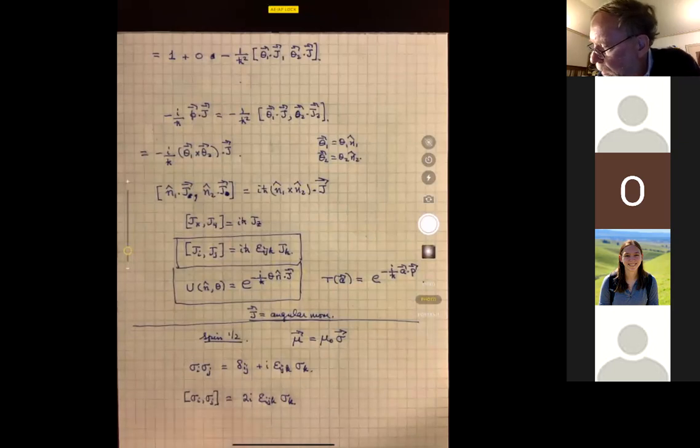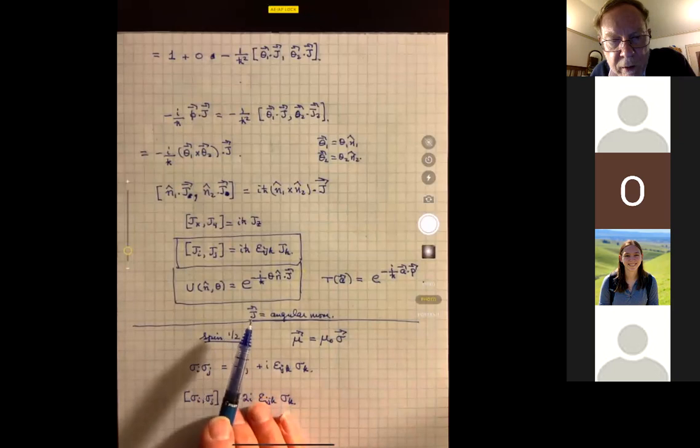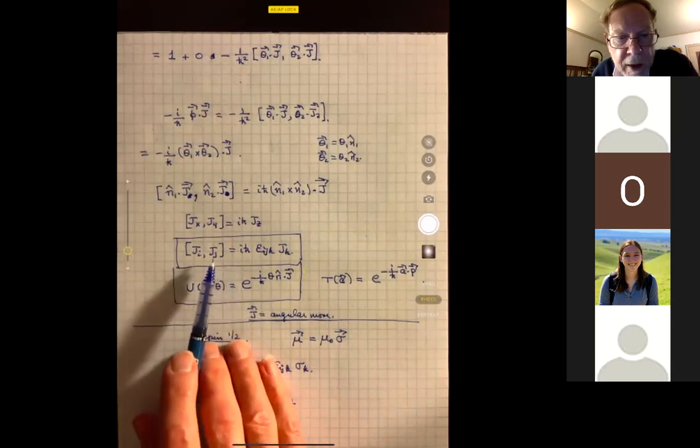So if we are going to look for rotation operators on our system of silver atoms, here is the strategy we're going to use. We're going to look for a 3-vector of Hermitian operators, J, that satisfy the angular momentum commutation relations.